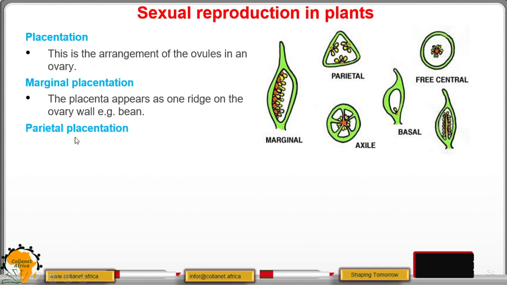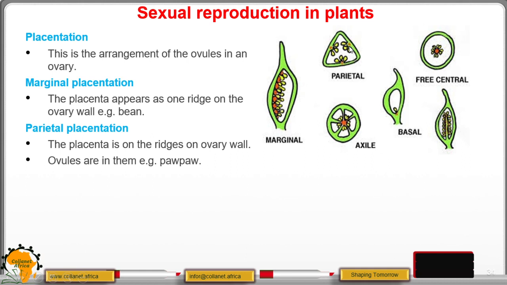Then we have parietal placentation here. The placenta is on the ridges on the wall. So there are points called ridges where the placenta is fixed, and in these ridges in the ovary wall, where we have the placenta, we have the ovules.